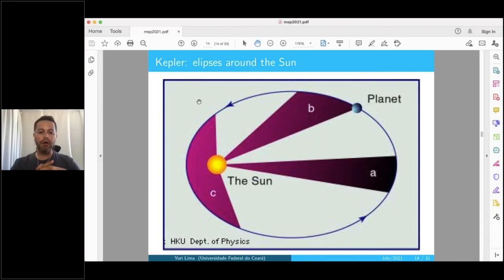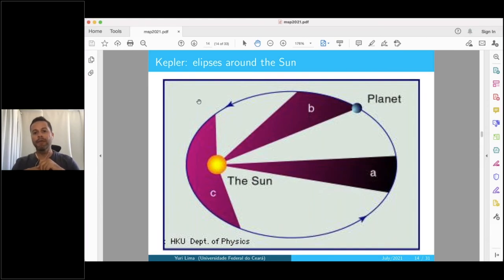Well, Kepler only did that based on his more accurate observations. He, Ptolemy and Copernicus did not develop any mathematical motivation for that. So it's quite strange that you should change this kind of perfect shape, the circle, to a not so perfect shape, the ellipse. So it was fully based on observations that he did that.